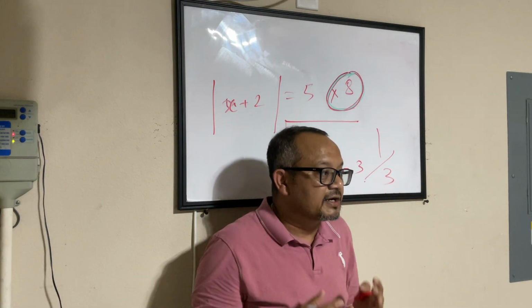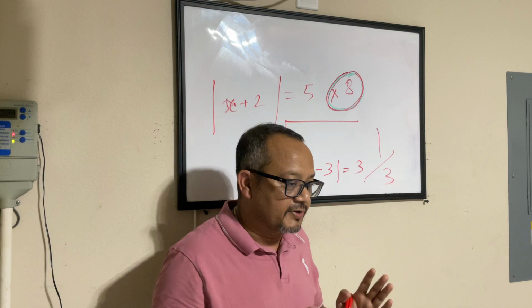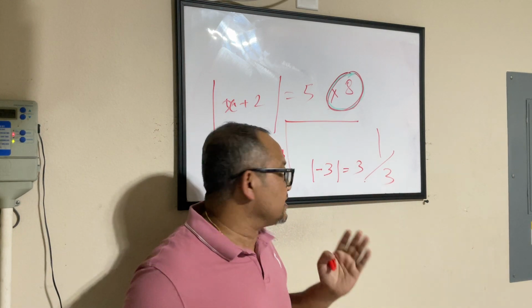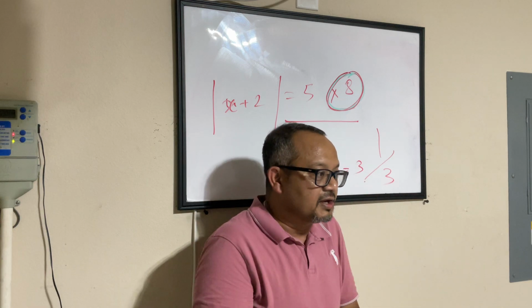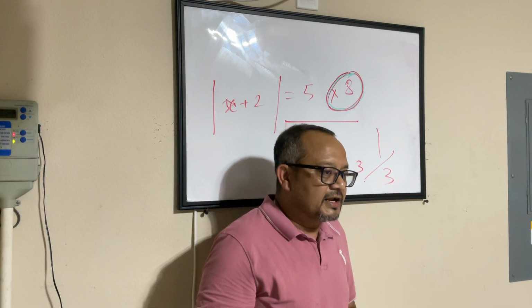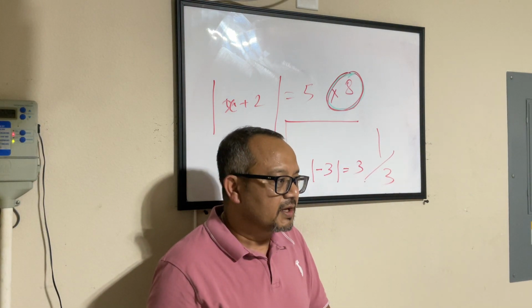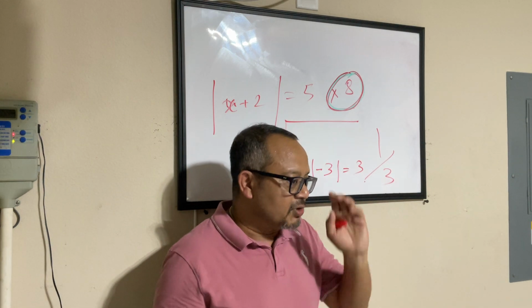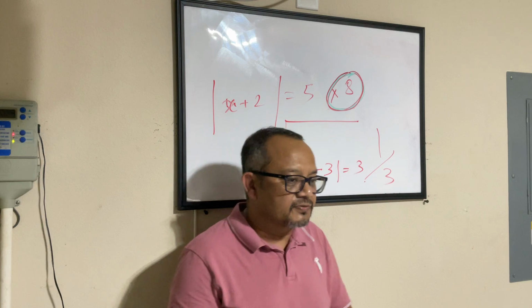It just cares about the absolute value of it. It doesn't care about the sign. So when you have an equation where these two bars appear, it qualifies to be called an absolute value equation, meaning an equation where you are only caring about the absolute value.